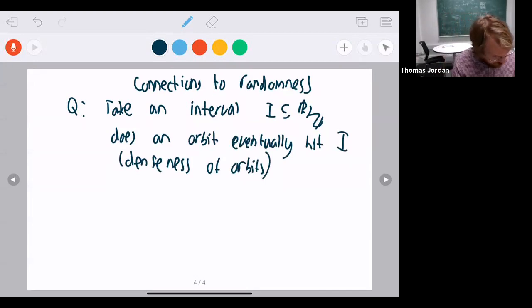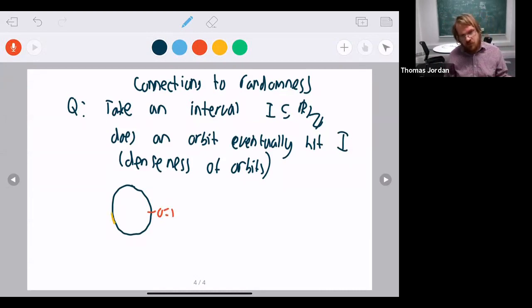So here we have our circle, again with 0 equal to 1, and then somewhere I'm going to draw an interval. If we consider an orbit under our system, will it always eventually hit the interval?